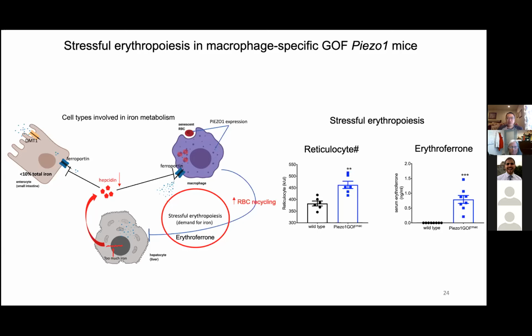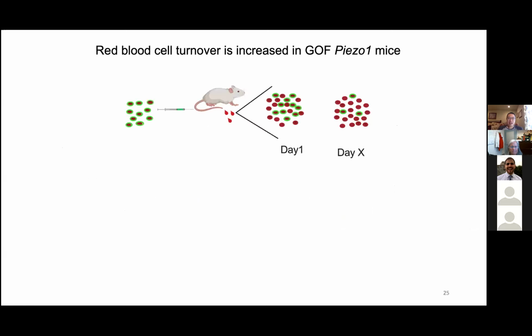I then further proposed that this stressful erythropoiesis is caused by increased red blood cell recycling as a result of enhanced phagocytosis of macrophages. To test that, first I evaluated the red blood cell turnover in these animals. I performed a well-established experiment in which I fluorescently labeled red blood cells in vitro and injected them into the animals. Then I measured the percentage of fluorescent red blood cells in the circulation.